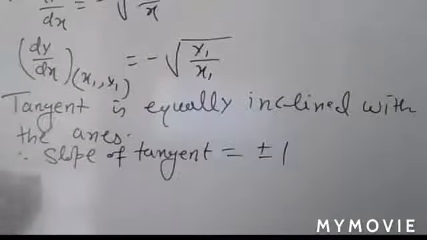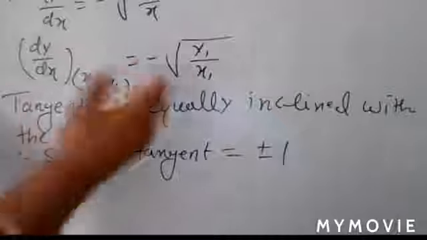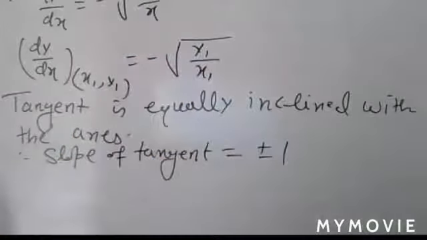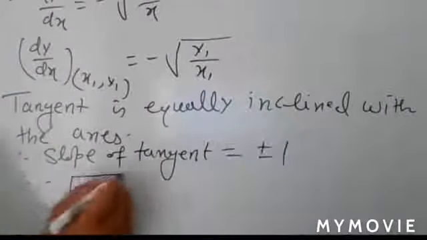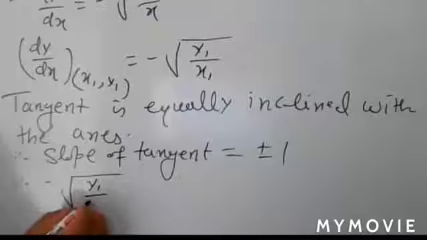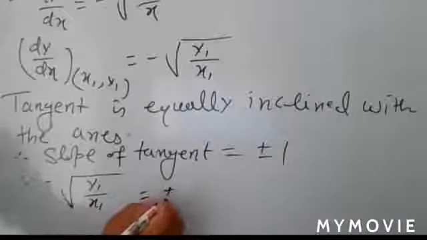So their slope is plus minus 1. So no doubt their value is also plus minus 1. Understand? Use it. So here you can write minus times of under root y1 upon x1 is equal to plus minus 1.